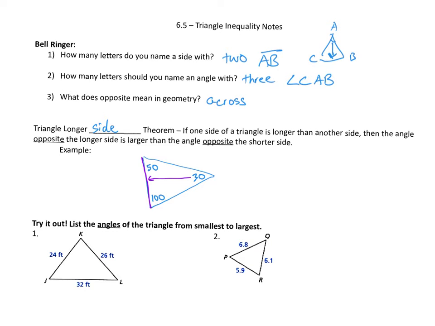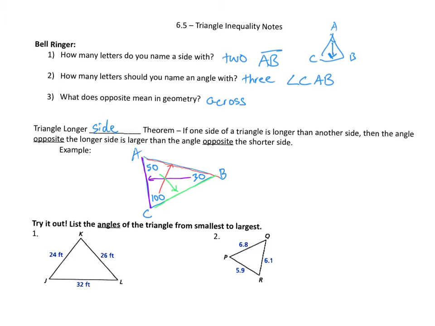Let's call this triangle ABC. The opposite side of C would be AB, and the opposite side of A would be CB. Those also would be in the same relationship ratio.